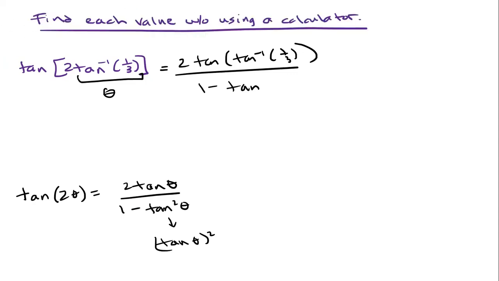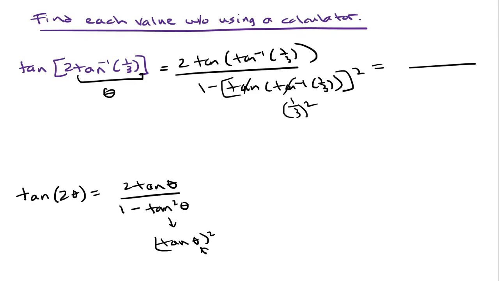Okay. All right. So knowing that, then theta here is still going to be the inverse tangent of 1/3. Okay. But in this case, now we can square the whole thing, because remember, theta is equal to the same thing as saying inverse tangent of 1/3. All right. So here the tangent and inverse tangent are going to cancel. Okay. And that leaves us with 1/3 squared.